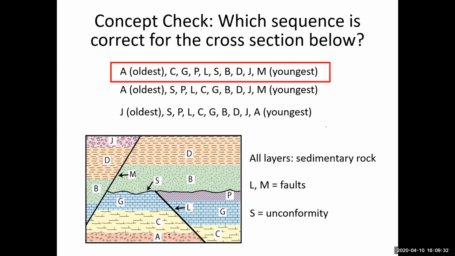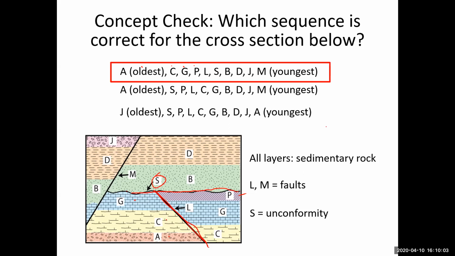So A is the oldest, then C was deposited on top of A, G was deposited on top of C, and then P was deposited on top of G. And then along comes fault L. So far we're there. But notice in this case that the unconformity S erodes away and cuts the fault.